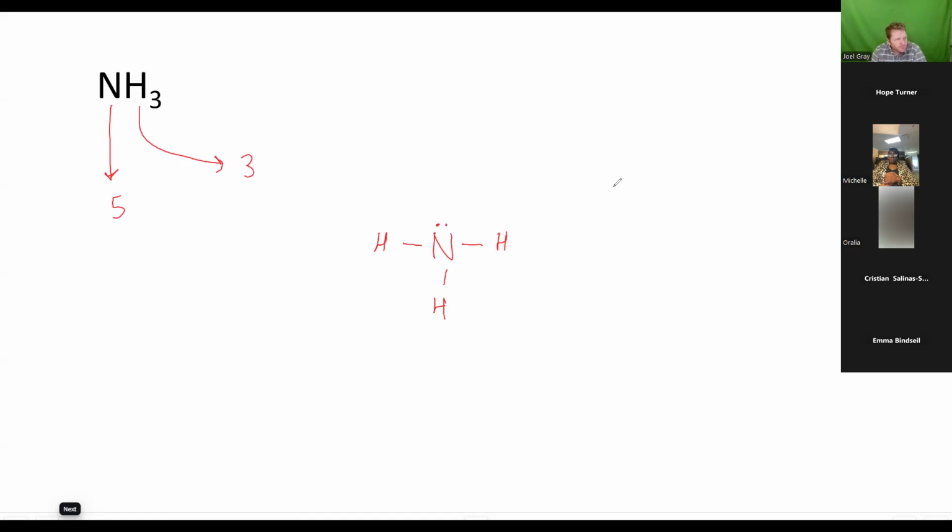Now, if I need to make the hydrogens happy, done. I was done with that earlier. Nitrogen, with this lone pair of electrons, this is also good because here's 2, 2, 2, and 2. So 8 electrons there. So this is what NH3 looks like, where we've got a lone pair of electrons.